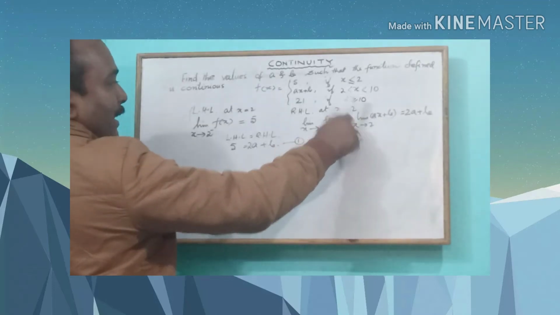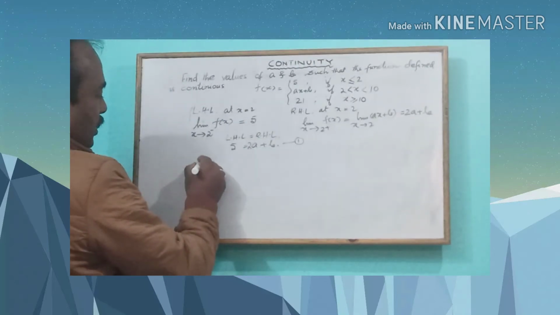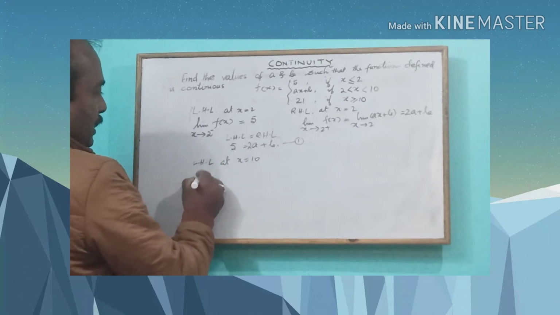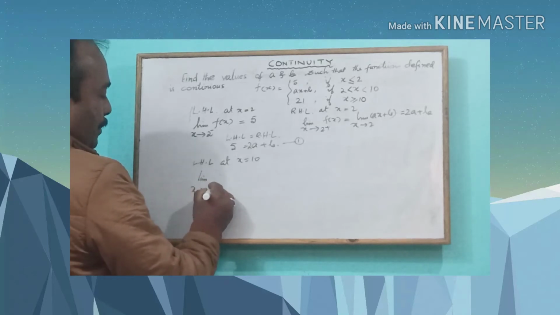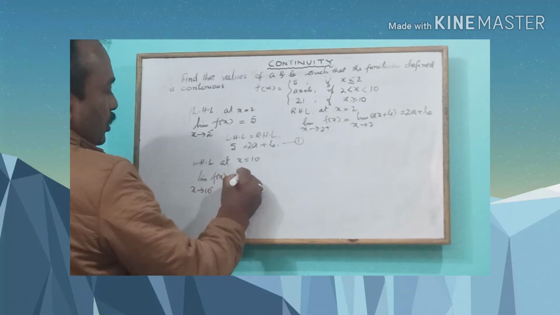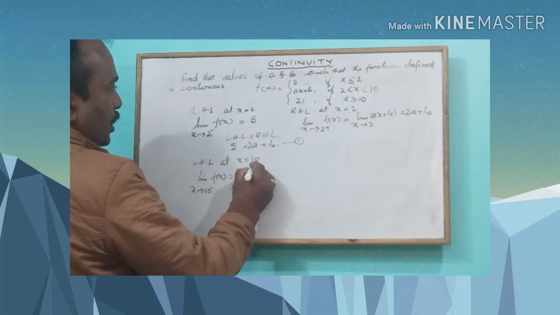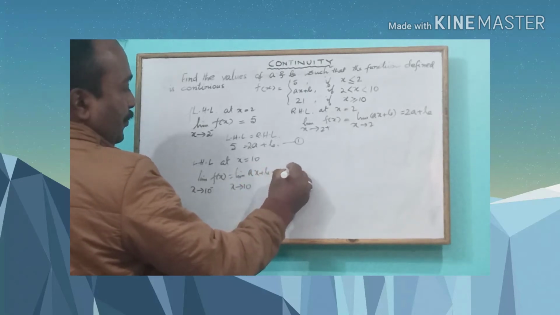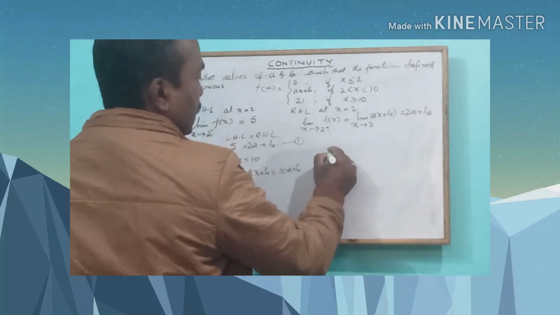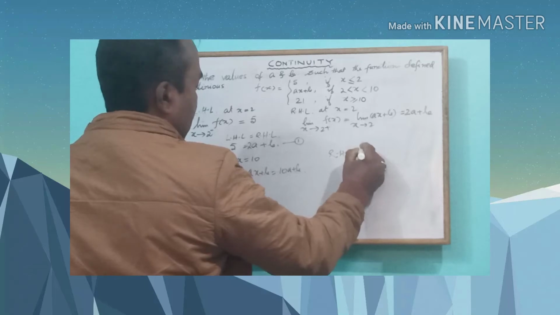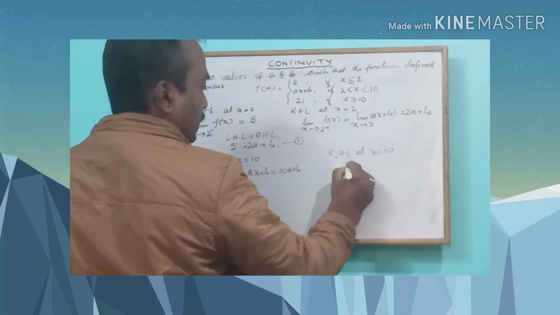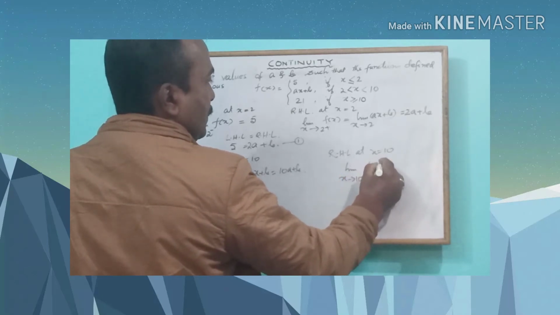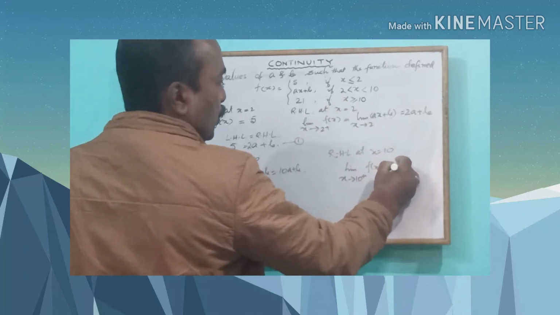Also the function is continuous at 10. So LHL at x is equal to 10, that is limit x tends to 10 minus f(x) is equal to limit x tends to 10 of ax plus b, that is equal to 10a plus b, and RHL at x is equal to 10, that is limit x tends to 10 plus f(x), for x more than 10, that means it is equal to 21.